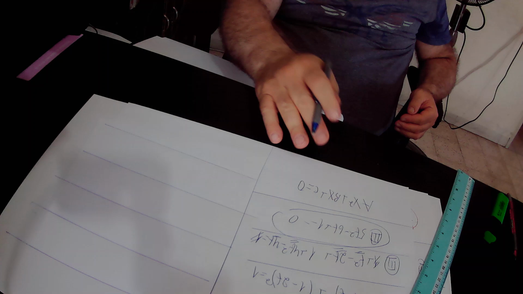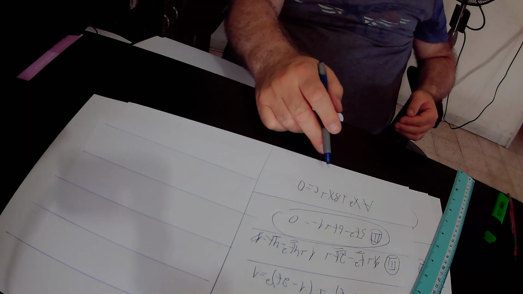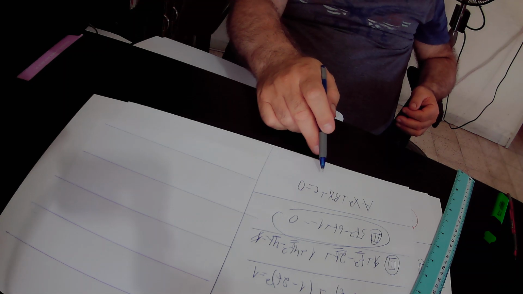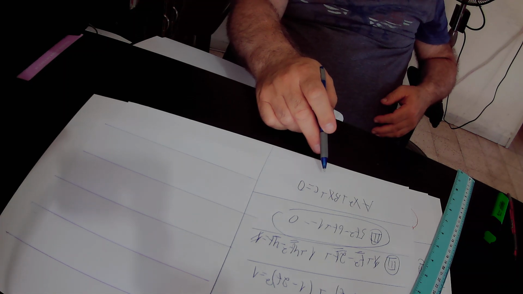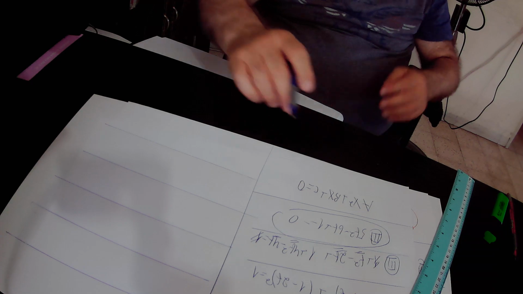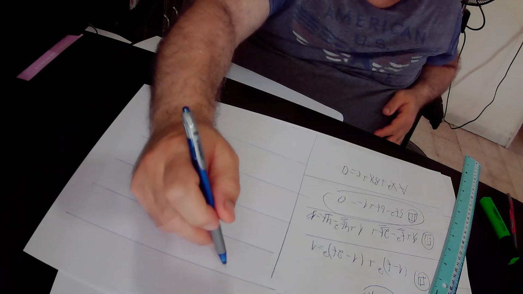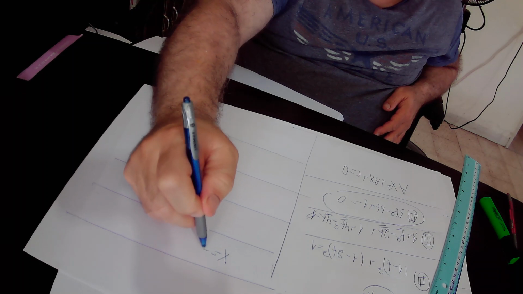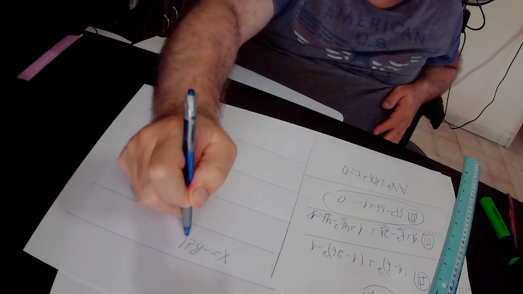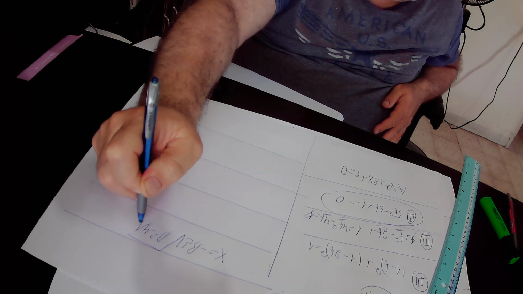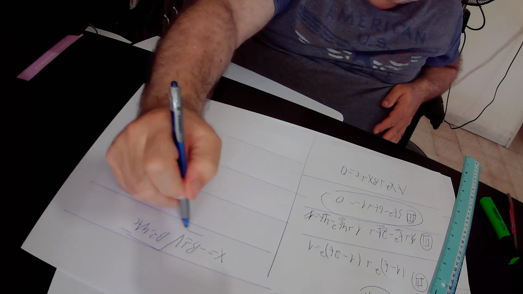In this formula, a, b, and c are the coefficients of this quadratic equation, and x is the variable that we are looking for. And we find out the value of x according to the following formula: x equals minus b plus minus square root of b squared minus 4 times a times c over 2a.